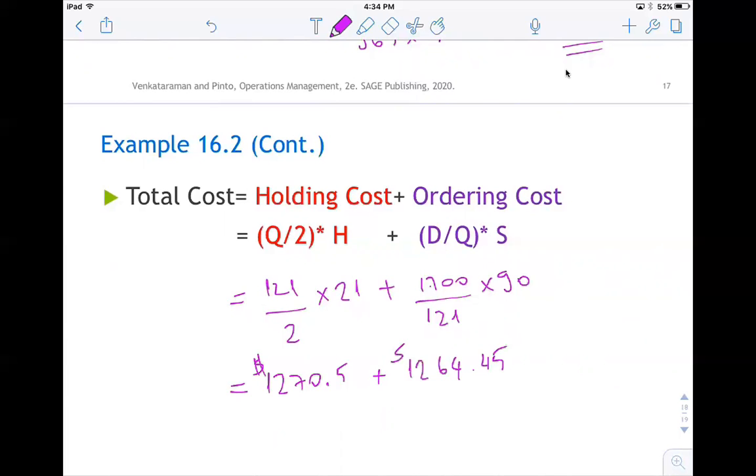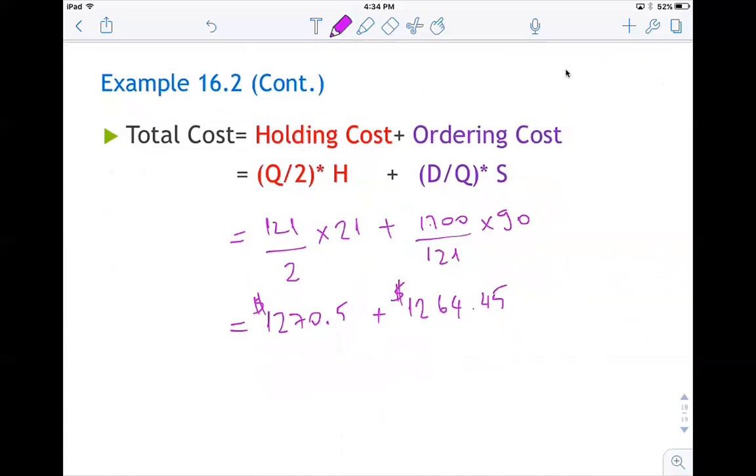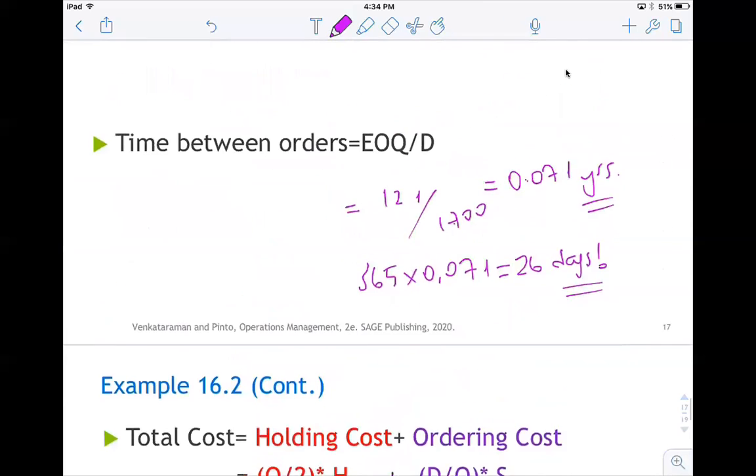As you can see, since we deviated just a little bit from our EOQ, these two costs turned out to be different, which is fine because we cannot really initiate a fractional amount of coffee makers. It has to be integer. And then the total cost would be 2,534.95. All right, these are the ways that you can do these kinds of calculations by hand.